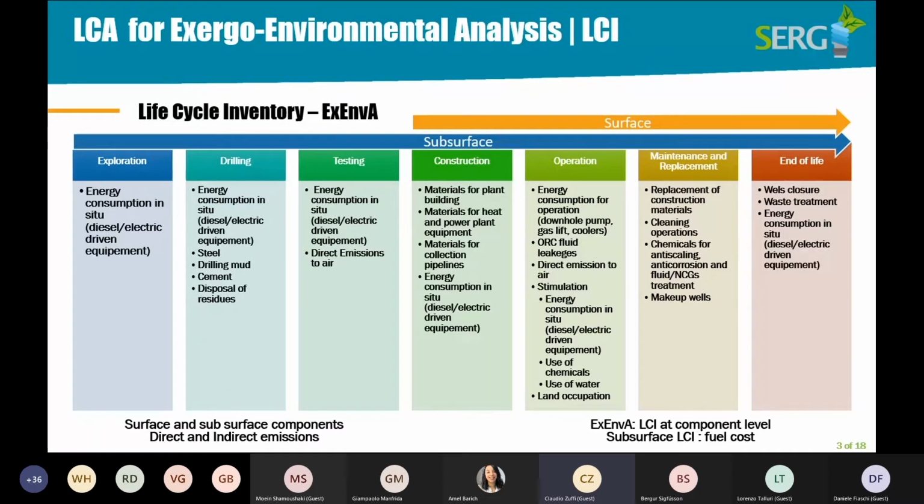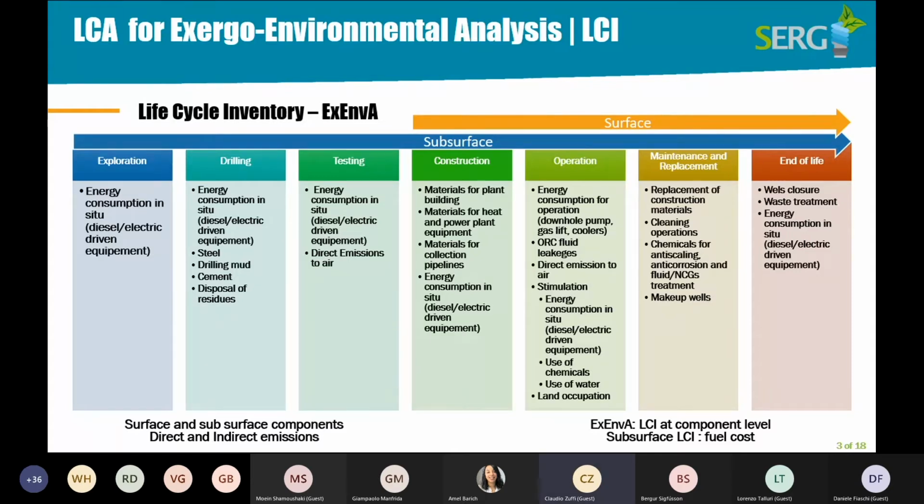In particular, for Exergo-Environmental analysis, we must pay attention to the difference of subsurface processes and surface processes, because subsurface processes create fuel cost, and in the geothermal case, they are processes referred to wells, while surface processes create component cost, and they are construction, operation, maintenance, and end of life.